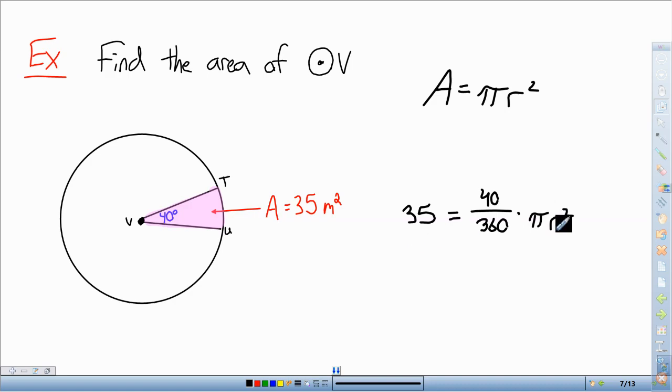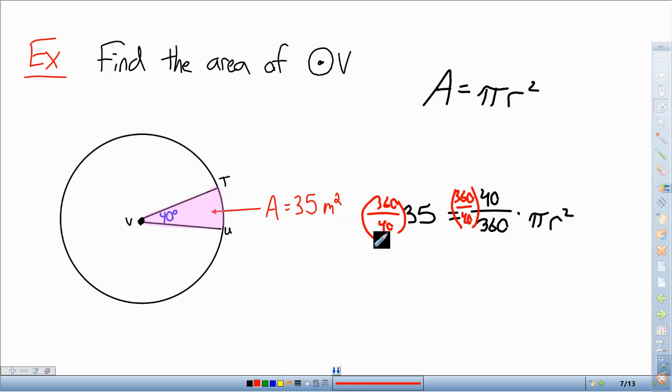All right, so there's a few things we need to get rid of. The first thing we need to get rid of is this fraction. All right, if you guys remember, to get rid of fractions, just multiply by the reciprocal. So I'm going to multiply this thing by 360 over 40. Okay, and I also need to do it to this side. All right, just remember the 35 gets divided by the numerator and then divided by the denominator.